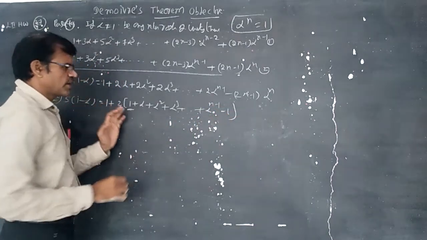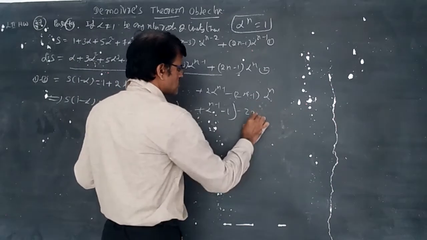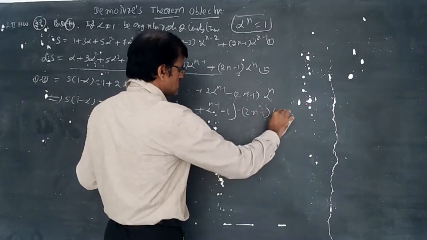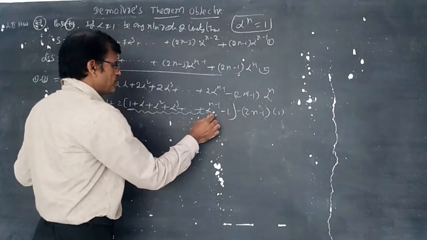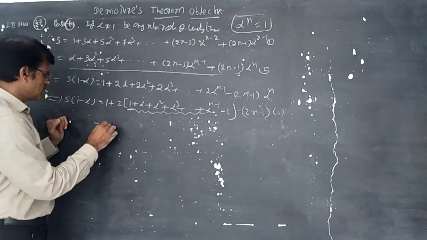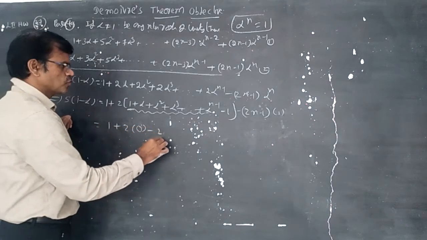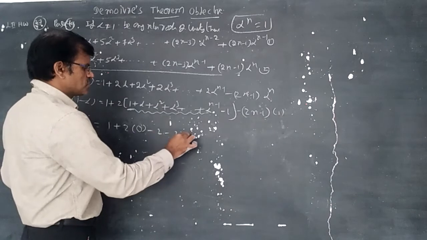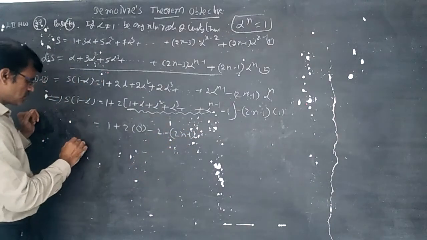What I did here, 1 added and subtracted here. Minus 2n minus 1, simply it is 1. Now you can understand this is completely 0 until here it is 0. So that is equal to 1 plus 2 into 0 minus 2 multiplied minus 2n minus 1. So 1 minus 2 becomes minus 1.